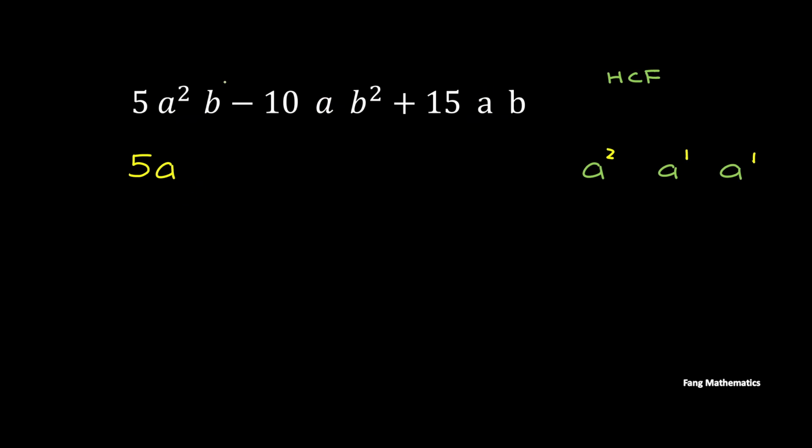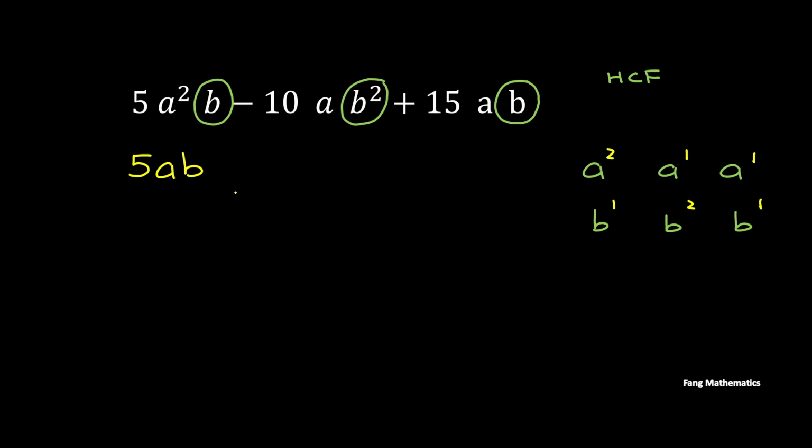Using the same logic, we look at b, b squared, and b. Let's specify their powers. So 1, 2, 1. Choose b to the power of 1, so just put b. And that's all the components we have.